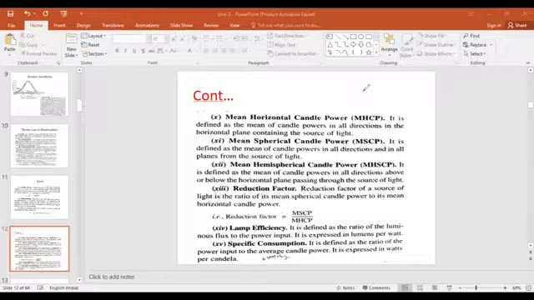By using the polar curve, we can calculate the intensity in any direction. In this case also we calculate the intensity in a particular direction. Horizontal means in the horizontal plane, spherical means in all directions and all planes, hemispherical means above the half circle and below the half circle. So intensity can be calculated.